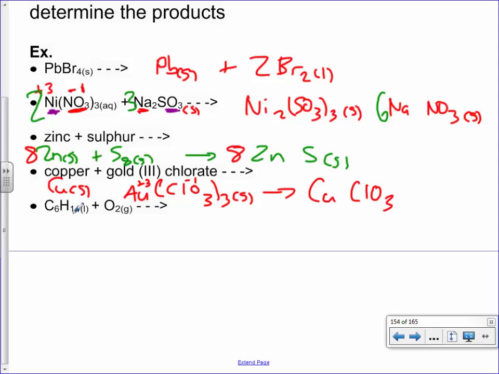It's 2 plus. So that means we better put a 2 around the ClO3. And it means that gold will be by itself. Gold gets kicked out. That's the boy that's got to go stand on the sidelines.